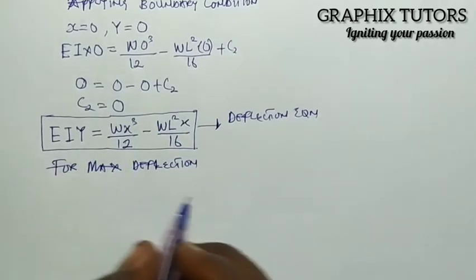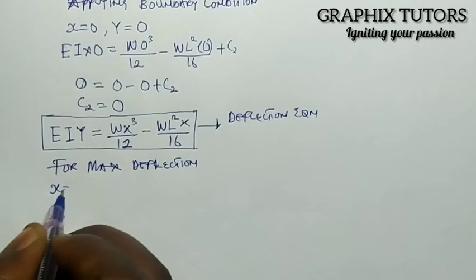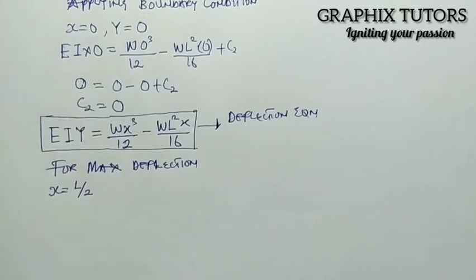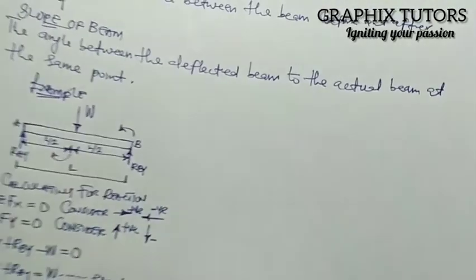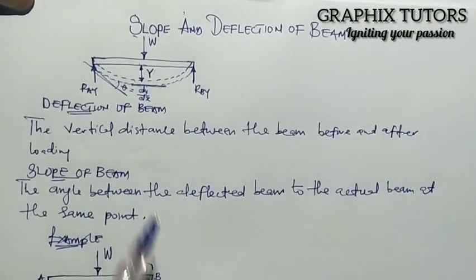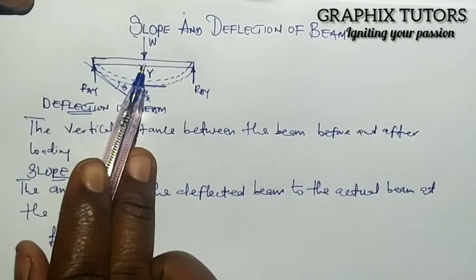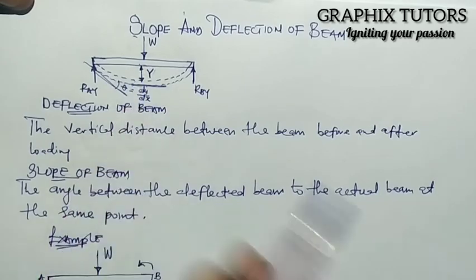So to get our maximum deflection, we'll say that x will be L over 2. So L over 2 is where the deflection is maximum. If you move half of this, L over 2, the deflection is maximum there.